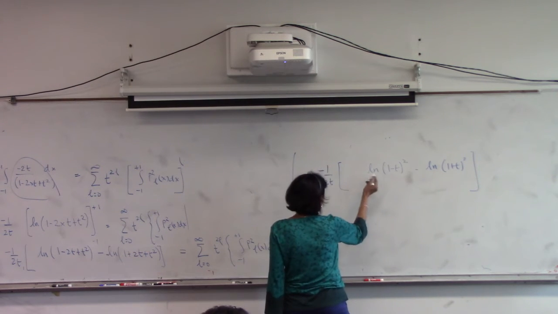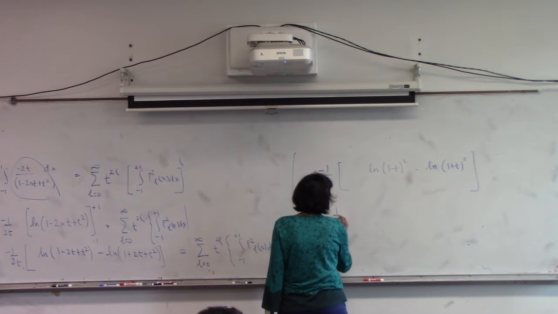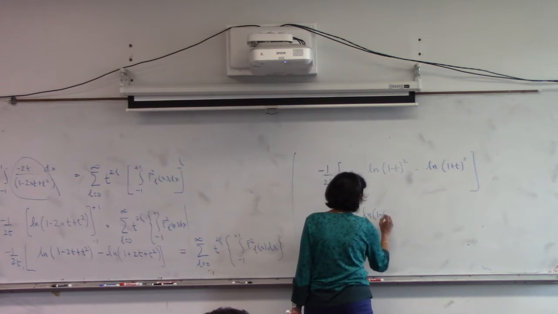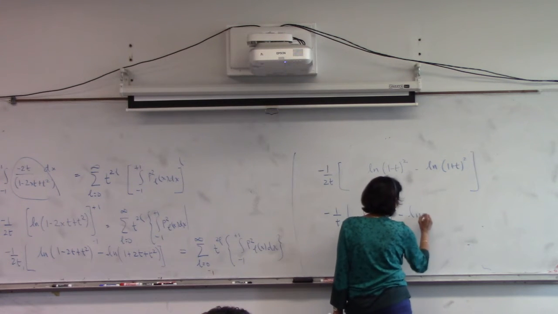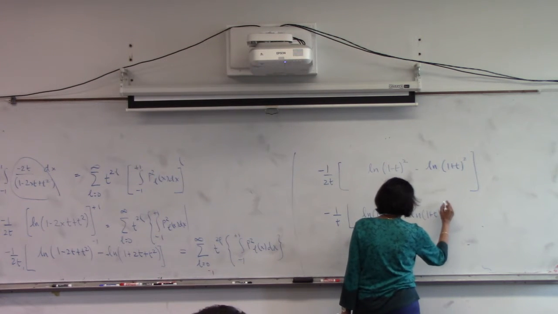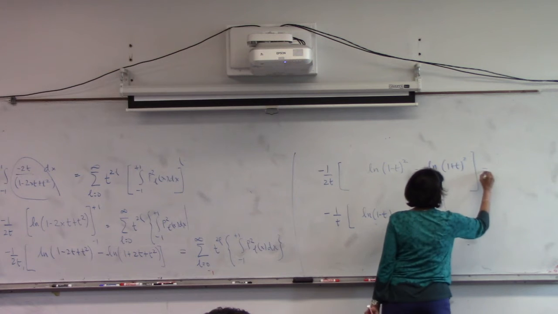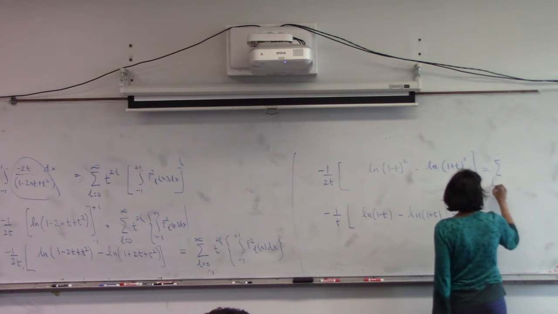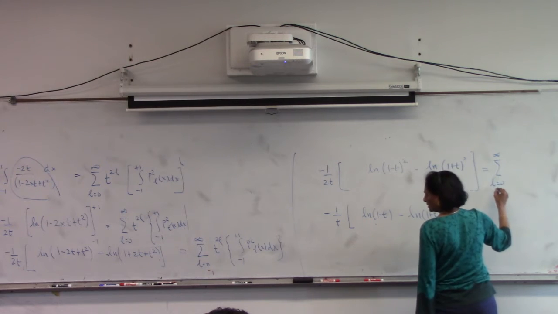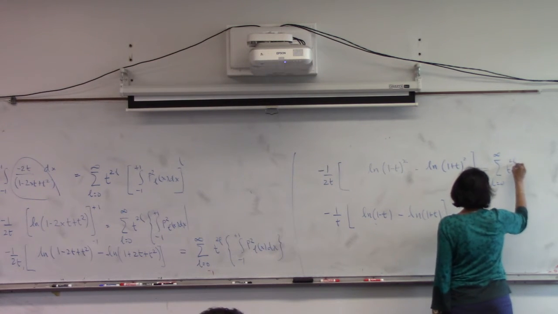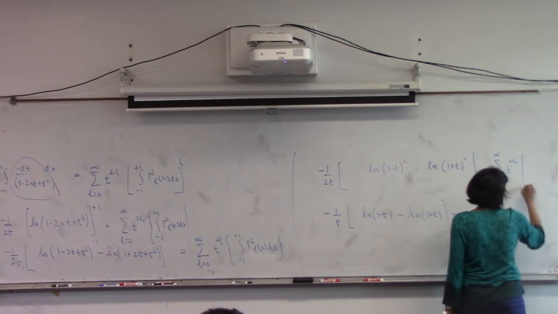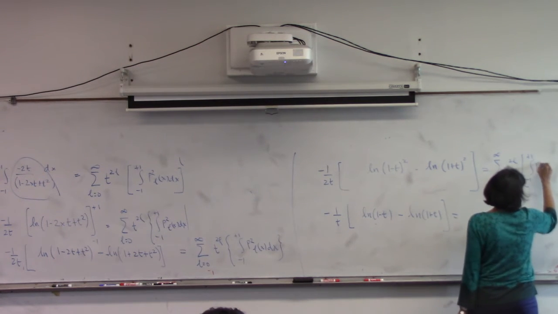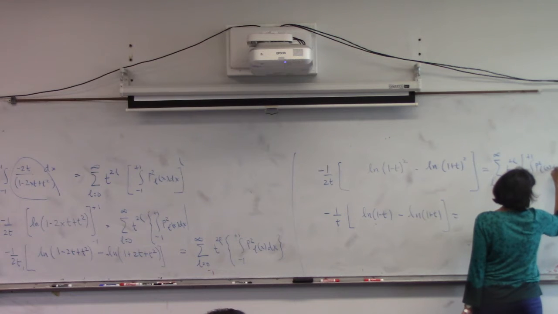So this is nothing but, 2 can be cancelled out, -1 over t times natural log of 1 minus t minus natural log of 1 plus t. That is equal to what I need: the sum with L going from 0 to infinity of t to the power 2L times the integral of P squared L(x) dx.